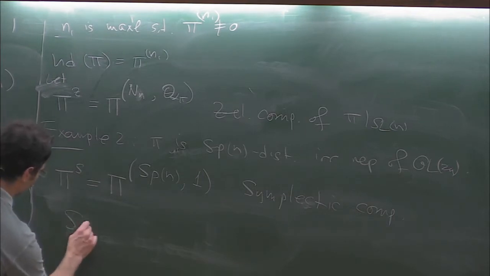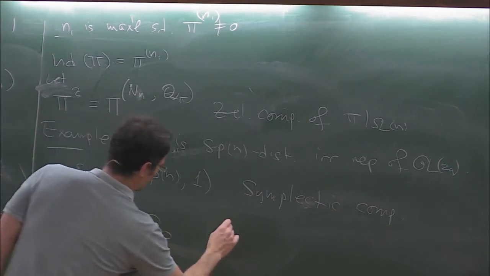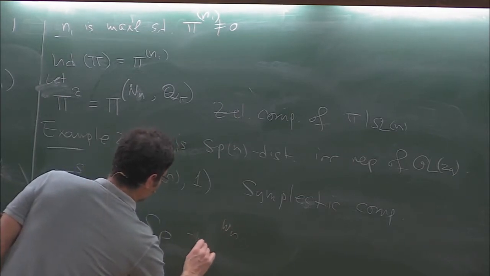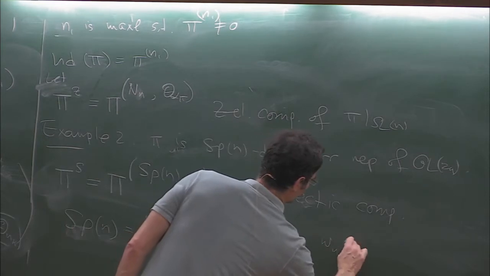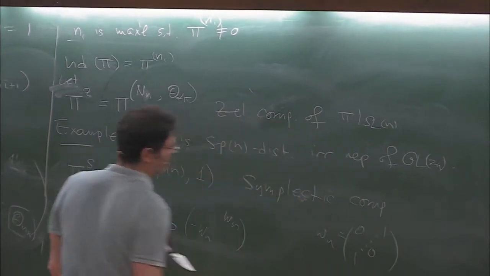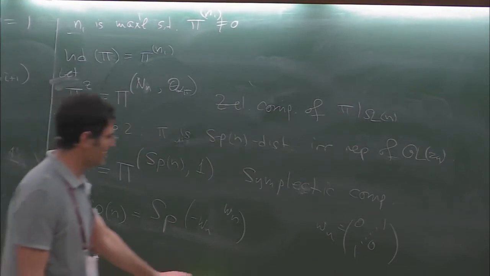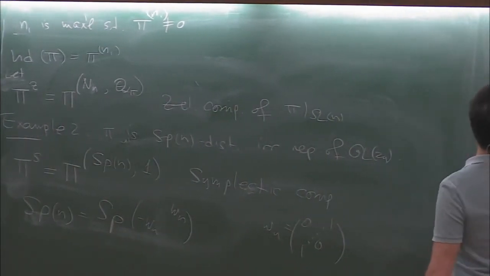So I guess for this statement, Sp_n is Sp with respect to the following non-degenerate alternating form. So w_n is the matrix with ones in the secondary diagonal and zeros everywhere else.